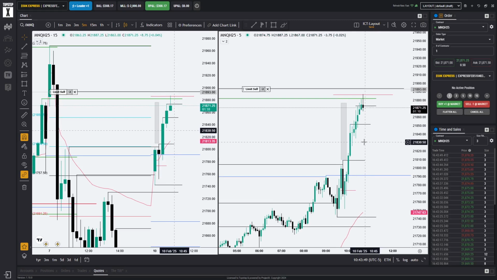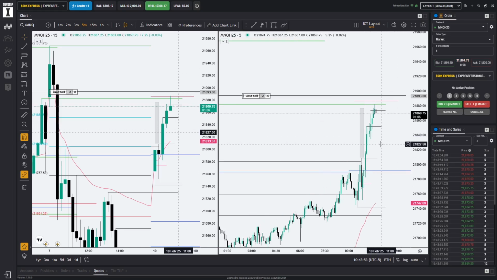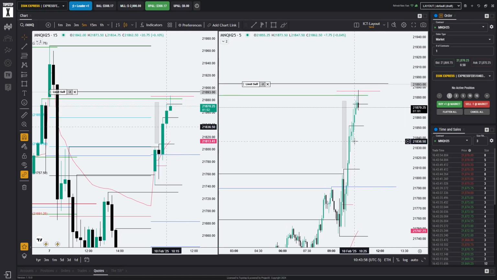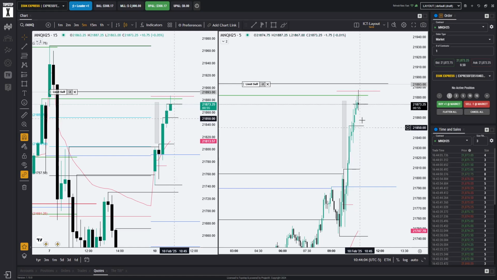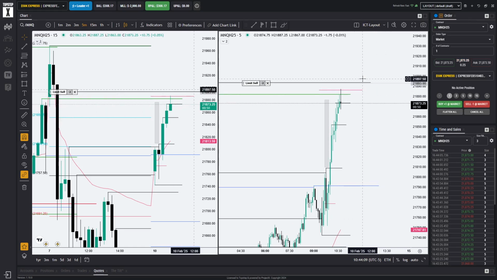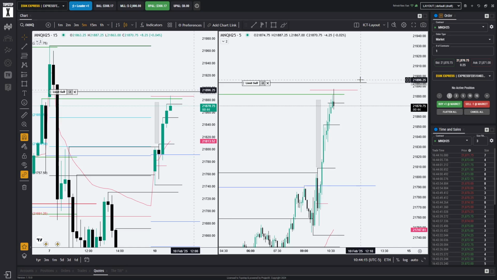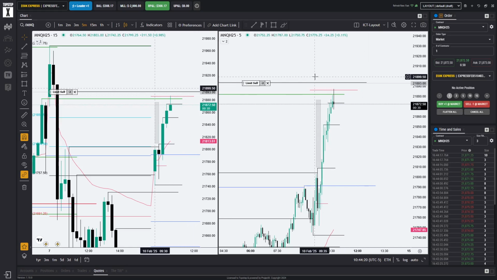NQ. I think they will just distribute some more here. Might get another push. 15 minutes till London close. Cash.